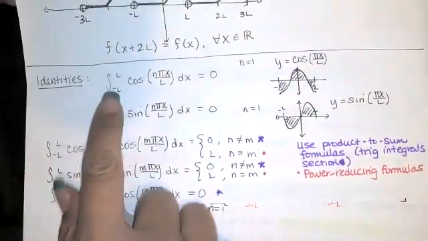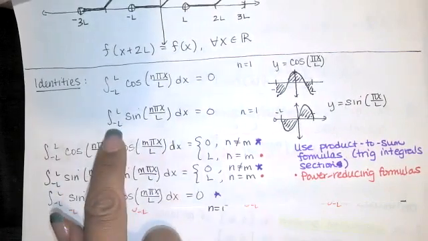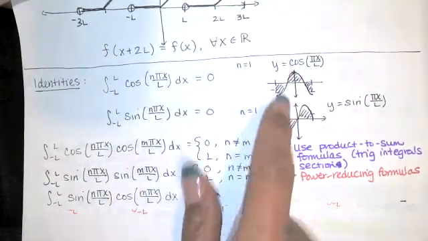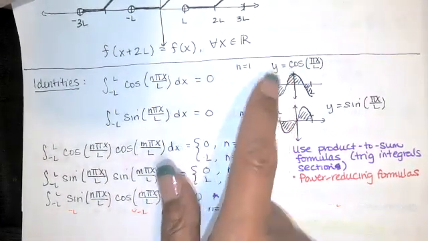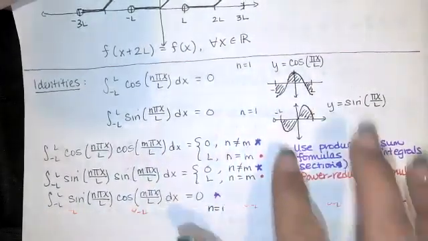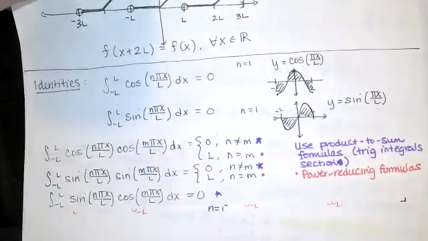The integral from negative L to L of cosine of n pi x is 0, and the integral from negative L to L of sine of n pi x is 0. I've got those curves shown for n equals 1. You can see that the area above the curve is matched by the area below, so that area minus that area is going to be 0. The same thing happens here, and that's going to happen for all the different values of n too.